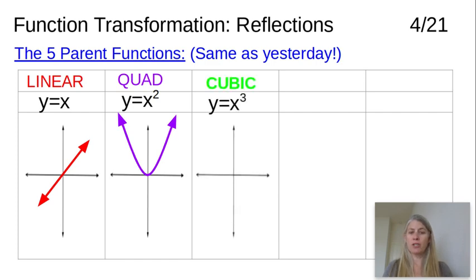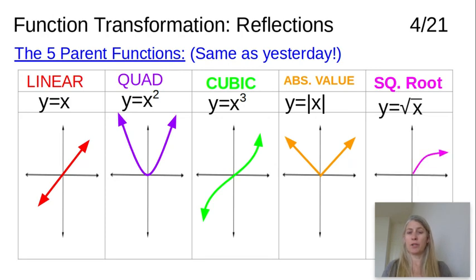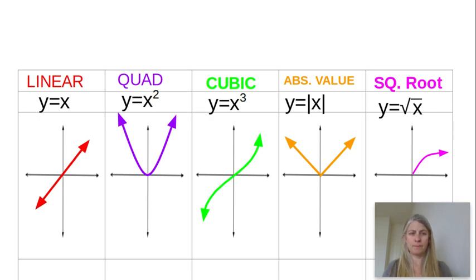We have our cubic function also going through the origin, our absolute value, which is a V at the origin, and our square root function, the square root of x, which also starts at the origin. Notice all of our parent functions don't have anything in front of the variable, and they don't have a plus or minus at the end.